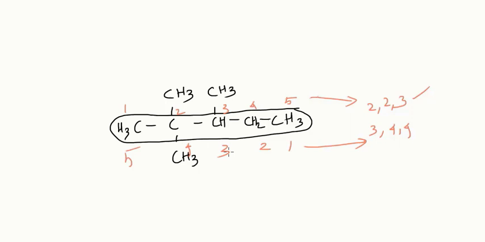So therefore, if I write the name for this compound, it would be 2, 2, 3, and since there are 3 methyl groups which are outside the chain, it would be written as trimethyl. And after writing the things which are outside the chain, we will be writing what is inside the chain.